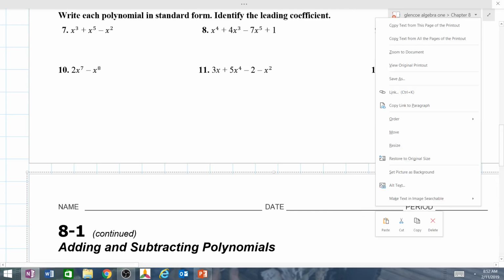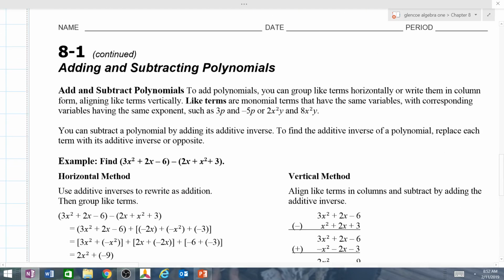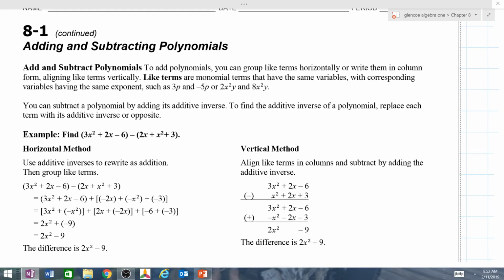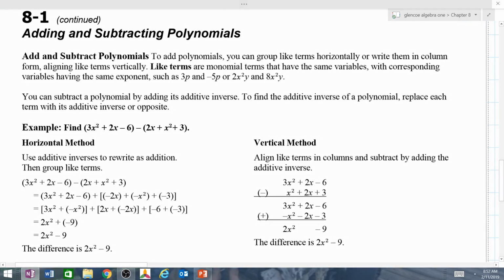Okay, we're going to move on to the second page in our notes, which is adding and subtracting polynomials. We've actually already done this a little bit this year, but let's do a review. To add and subtract polynomials, we can group them together horizontally or write them in column form. Like terms, remember, are terms or monomials that have the same last name.